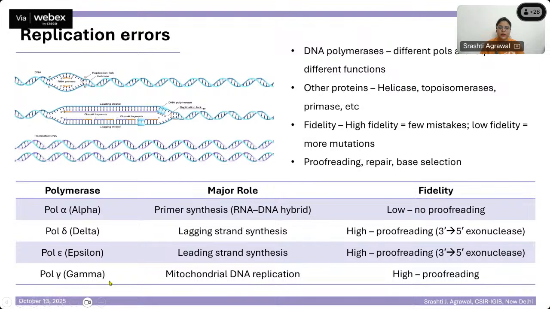Similarly, Pol gamma, which is important for mitochondrial DNA replication and is the major polymerase that gets translocated to mitochondria and performs DNA replication for mitochondria, needs to have high proofreading so that there are no mutations in the mitochondrial DNA.